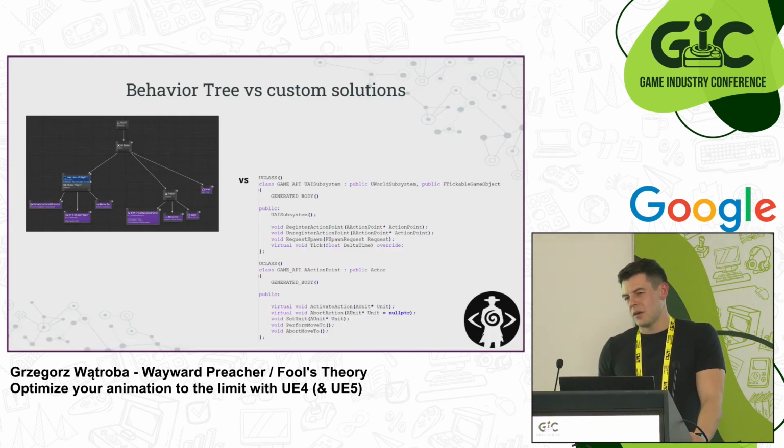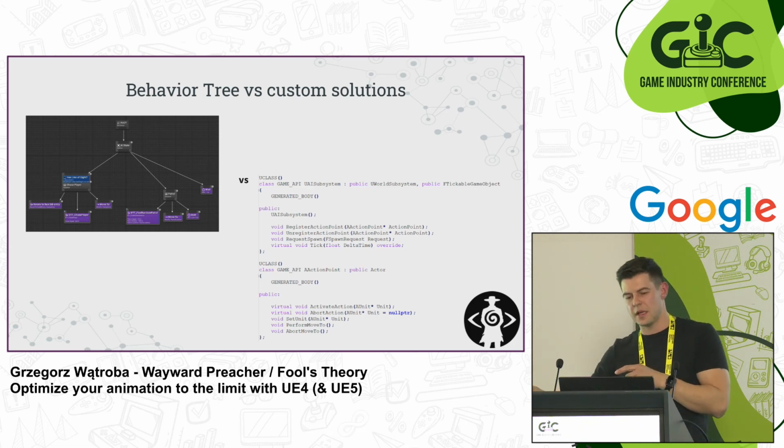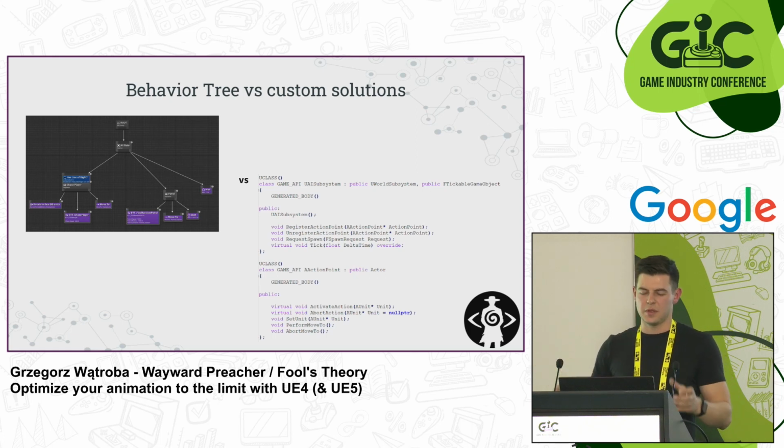So we create our own solution based on specific objects which describe the path on the nav mesh, and then they store information: if some unit reaches that area and has a specific type of character or specific tag, play this animation. And that's actually serving the entire NPC logic in the game.